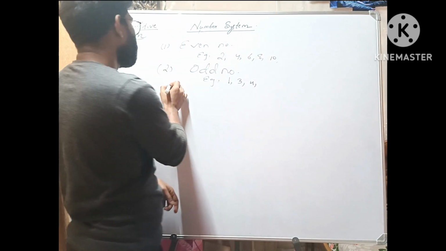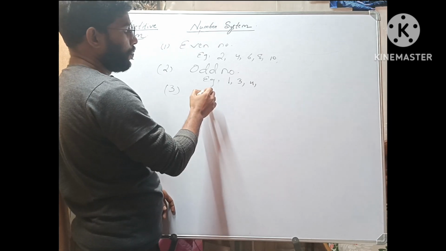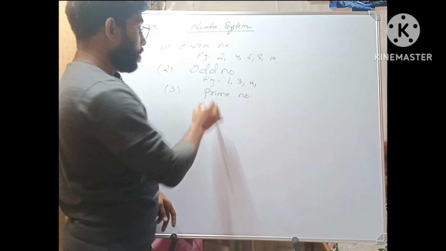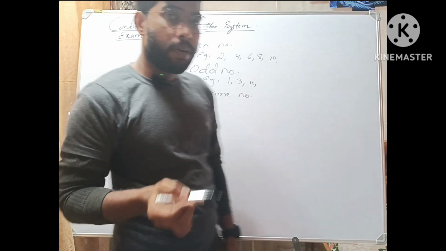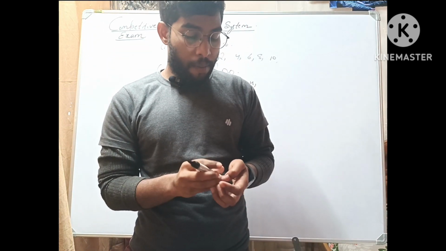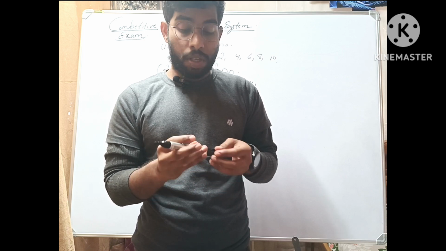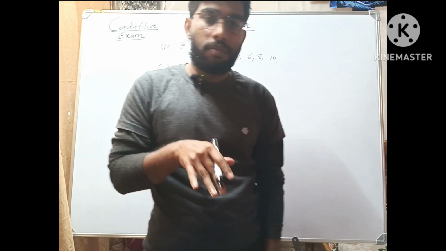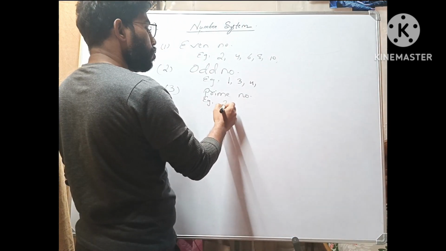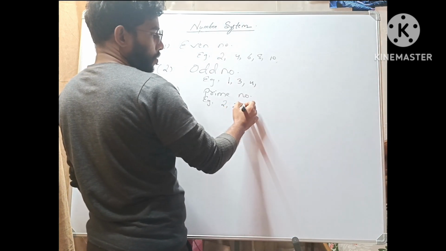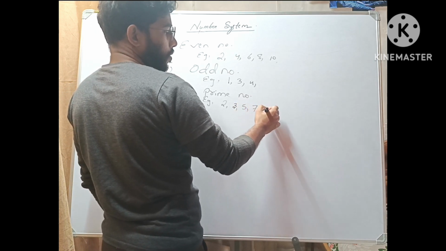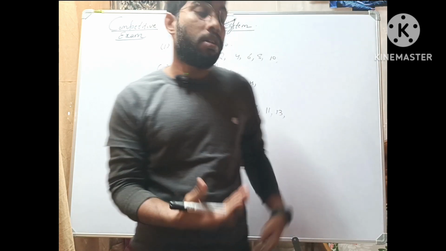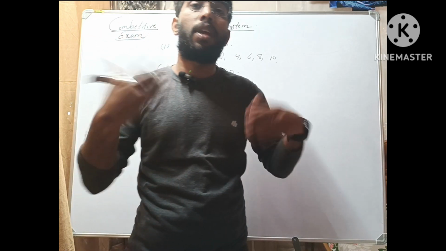Next, prime numbers. Prime numbers are those numbers which are multiples of 1 and itself, like 2, 3, 5, 7, 11, 13, 17, 19, and so on.